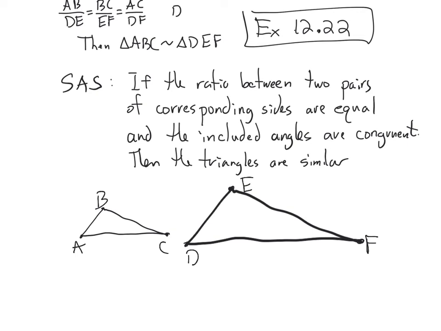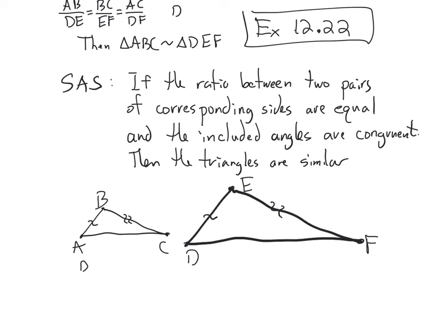So I'll use the marking, rather than straight markings, I'll use like these tilde style markings to say these sides are in common ratio with each other. So what that means is that, say, AB over DE. Oh, let's do it the other way around. It doesn't matter what triangle goes on top and what triangle goes on the bottom, as long as you're consistent.